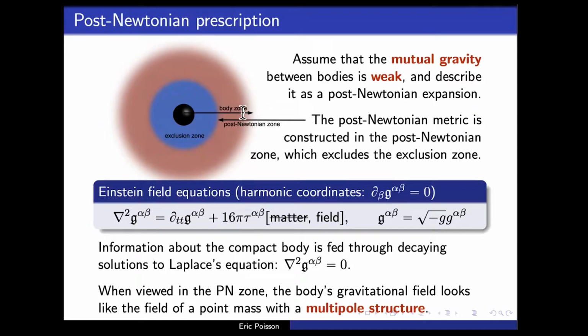Two alternative descriptions of the same gravitational field can be matched up in this region here where both are valid. So information that I don't have here and information that I don't have here can be obtained by matching the metric back and forth. So it's in this overlap region. So it's a game of matched asymptotic expansions.